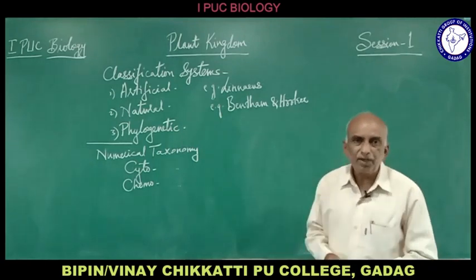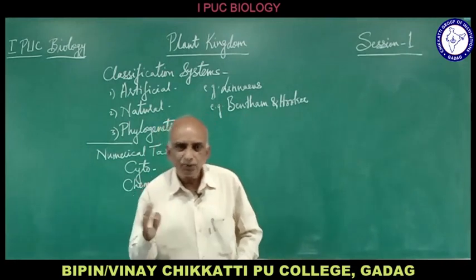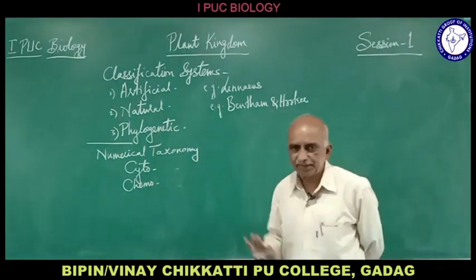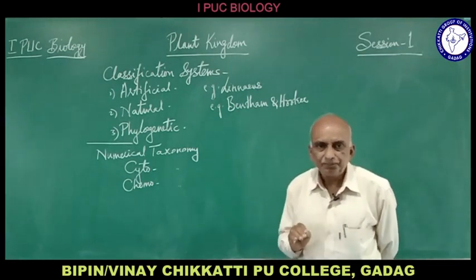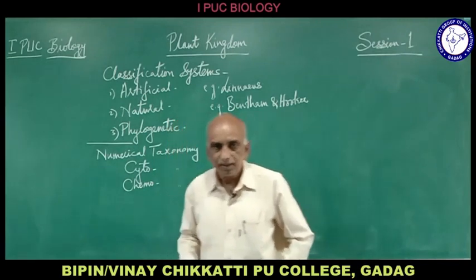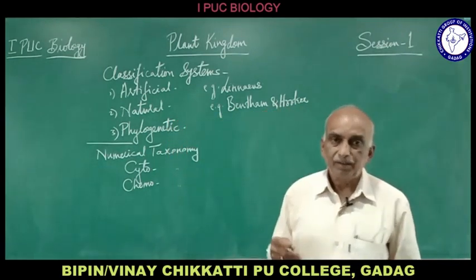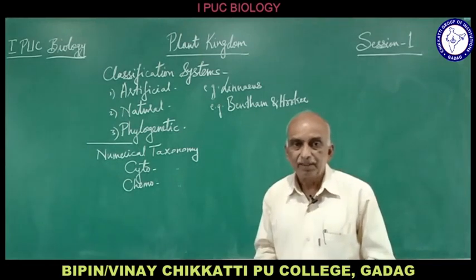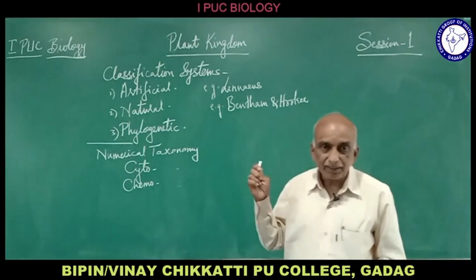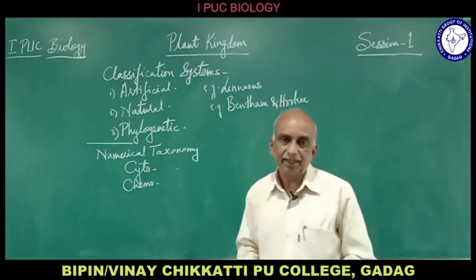This is also related to classification, but it is also a system. Here it is somewhat different from this. Whenever you classify, when classification is done based on the number of the characters, used in computers and based on the data processed, that is called numerical taxonomy.